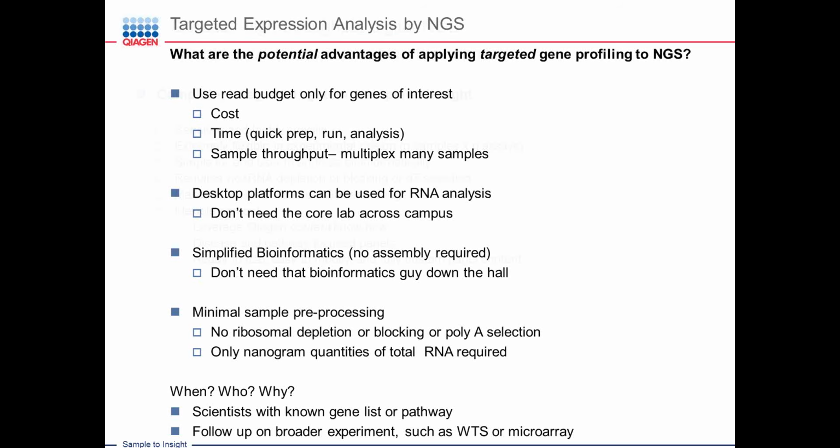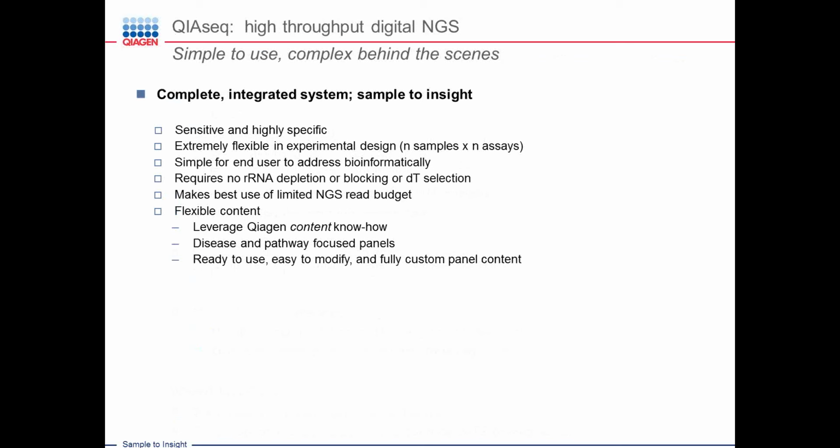So this brings us to QIAseq RNA, which we call high-throughput digital NGS. From the beginning, we've designed this to be extremely simple to use, which means the complexity is hidden behind the scenes. We want users who are not necessarily experienced NGS users to not be intimidated to use this product, and we try to approach the concept of essentially peel and use, or open the box and use, as closely as we can.